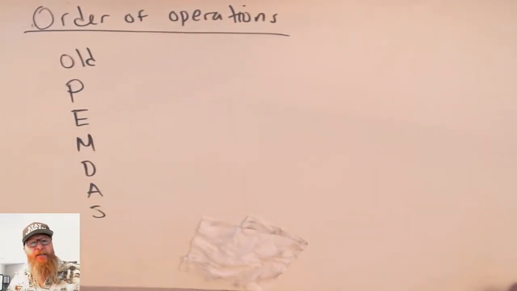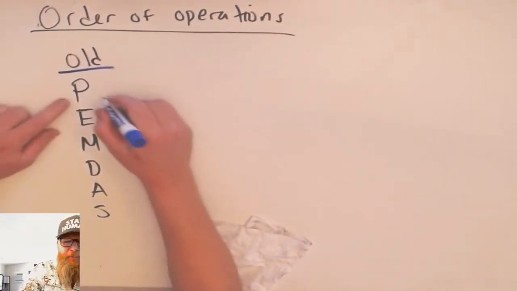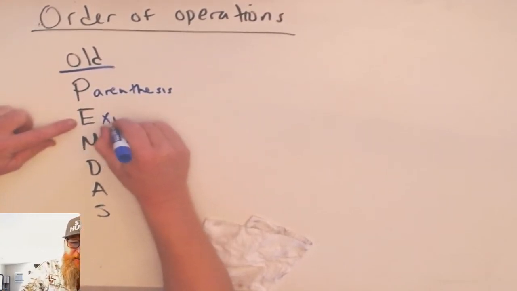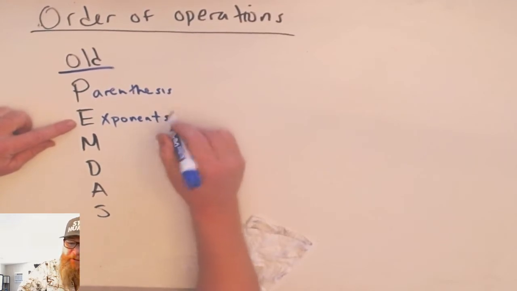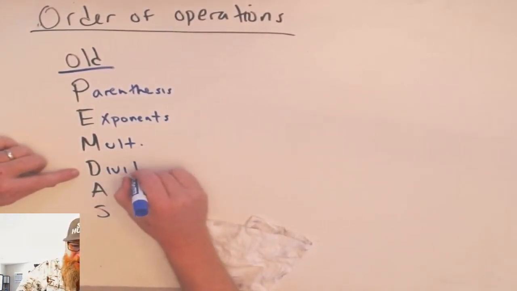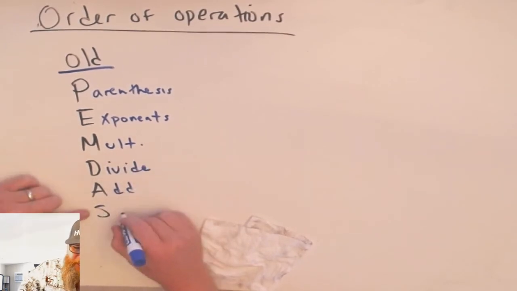Please excuse my dear Aunt Sally. That stood for parentheses, exponents. Now we're doing everything. Multiplication, division, addition, and subtraction. That was the old way.